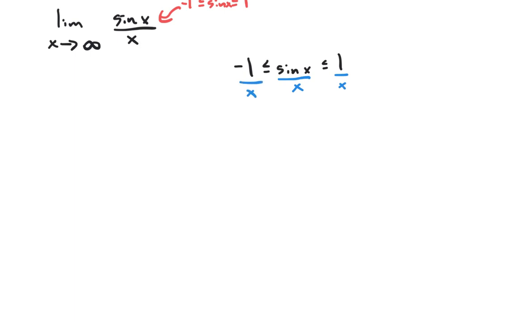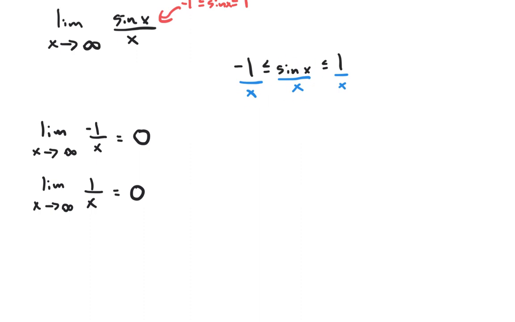And now note that the limit as x approaches infinity of -1 over x, well, that's going to be 0. And the limit as x approaches infinity of +1 over x is also 0. So we have these squeezing functions for sine x over x. And those squeezing functions have the same limit as x approaches infinity.